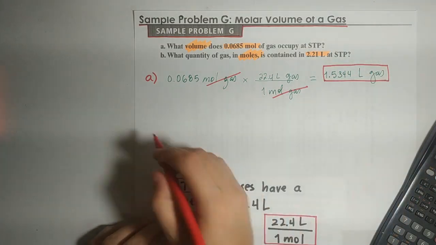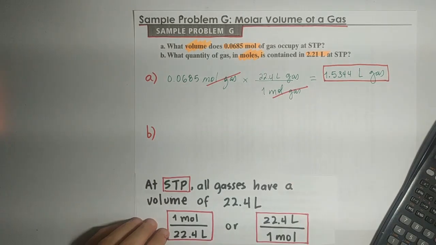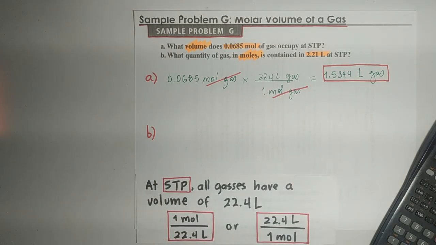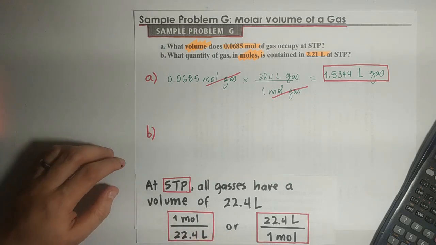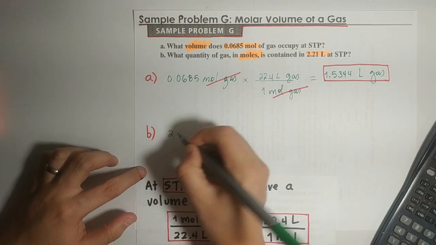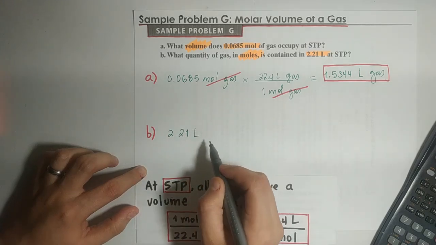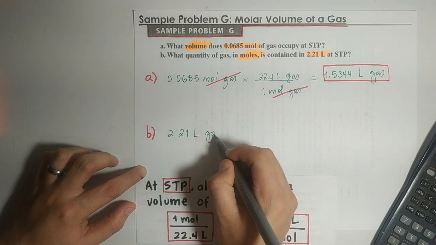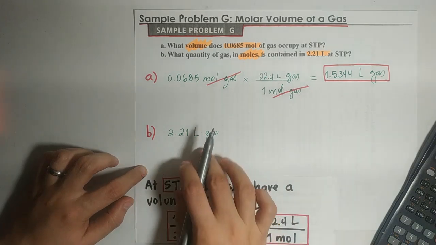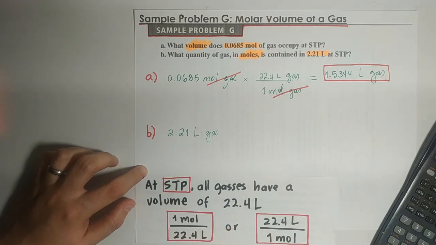What happens in B? Now it says, what quantity of gas in moles are contained in 2.21 liters? So they are giving me the volume, 2.21 liters of a gas. We still don't know what gas it is, but we can just write that it's about a gas.